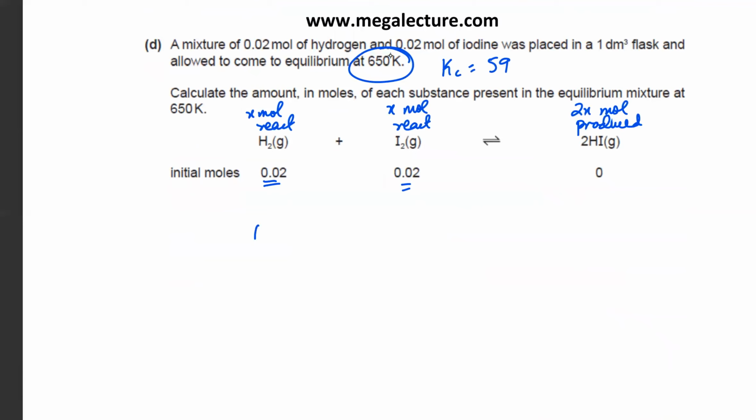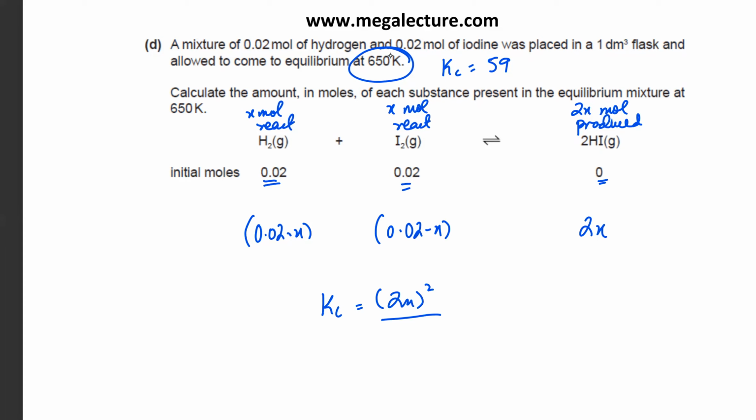Anyway, how many equilibrium moles are there? It's 0.02 minus x, because x moles reacted, and this would also be 0.02 minus x, because x moles reacted, and on this side there were none at the start. Now you've got 2x moles getting produced, so it's 2x. So your Kc expression would be HI concentration squared, so it's going to be 2x squared divided by 0.02 minus x and 0.02 minus x, which would also be squared, and the value is 59.